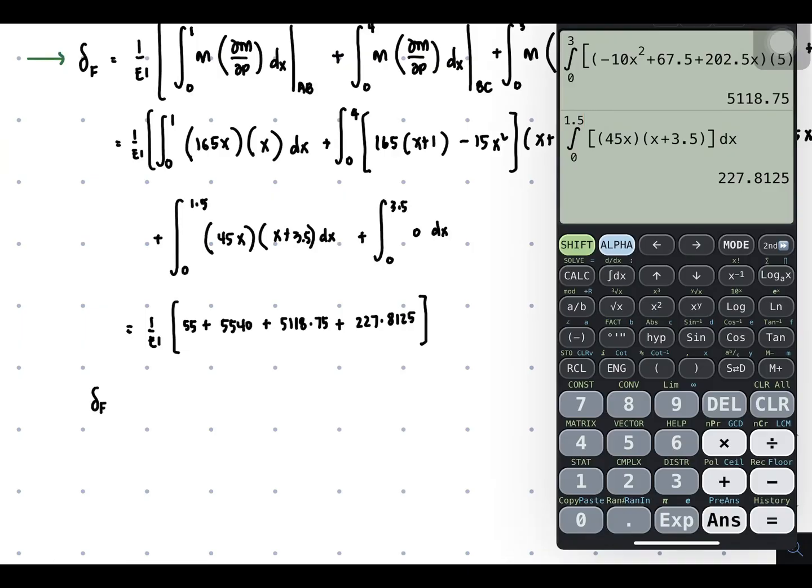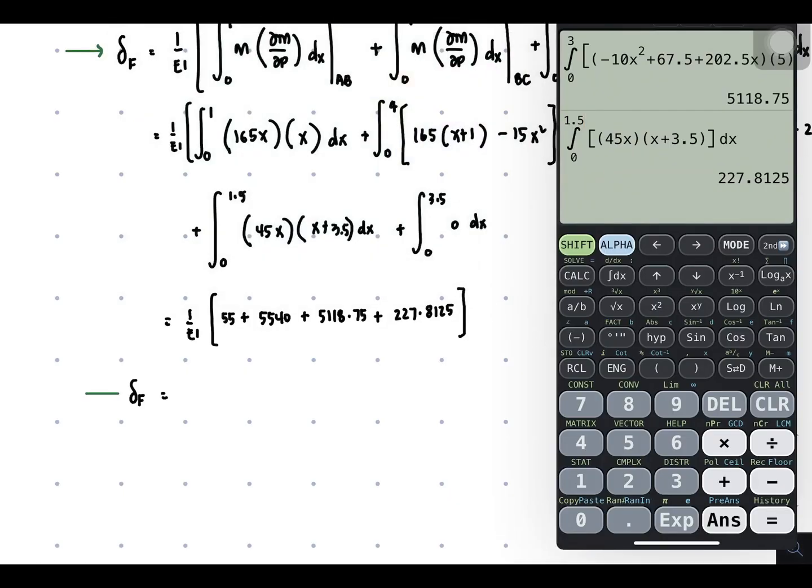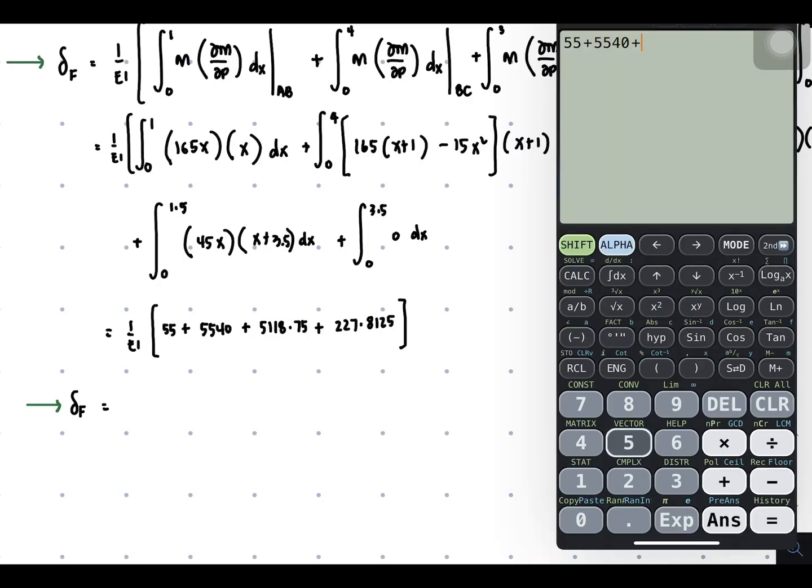So the displacement at F, which we assume to be to the right, is equal to 1 over EI times 55 plus 5540 plus 5118.75 plus 227.8125. That's 1 over EI times 10941.5625.